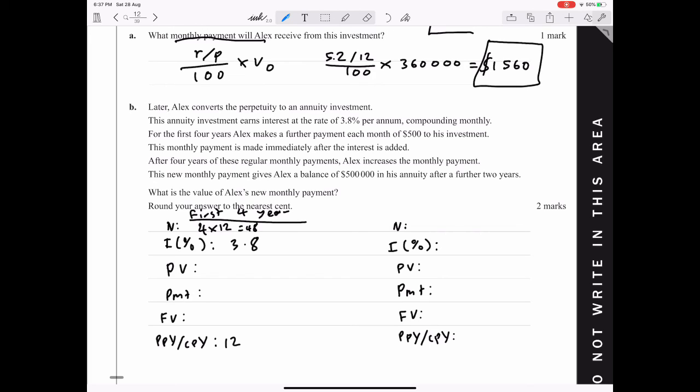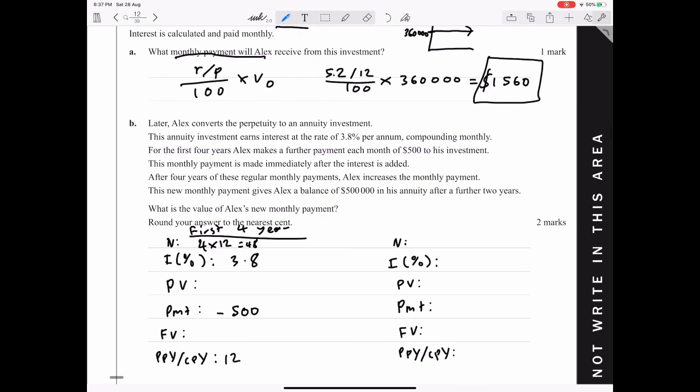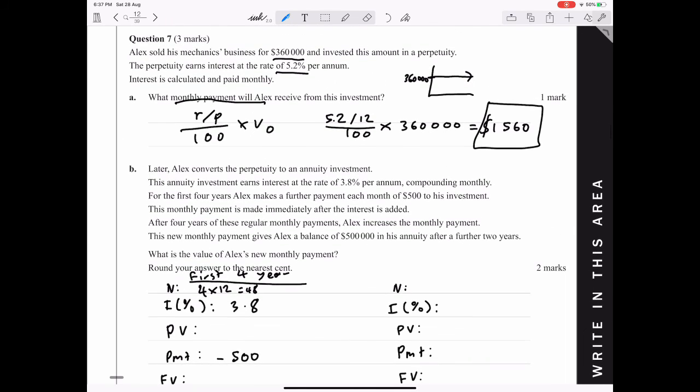For the first 4 years, Alex makes a further payment of $500 each month to his investment, so negative 500, because he is adding $500 to his investment. And his initial value of his investment is $360,000 from the previous question, so negative 360,000. Both of them are negative because both of them have been added to the investment.